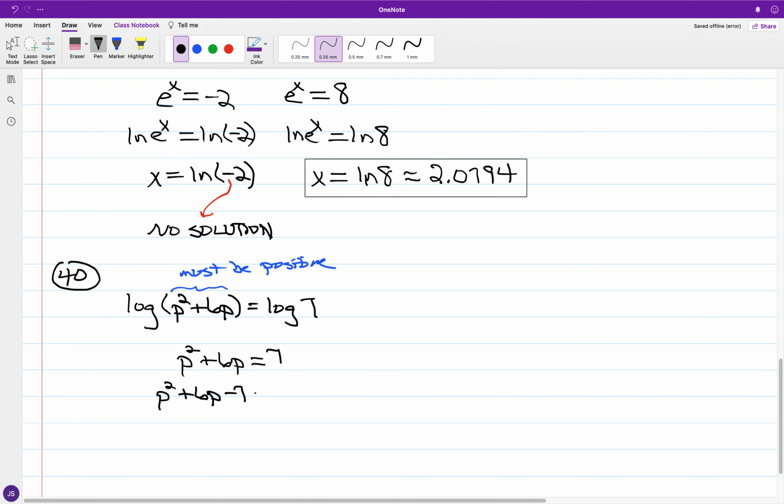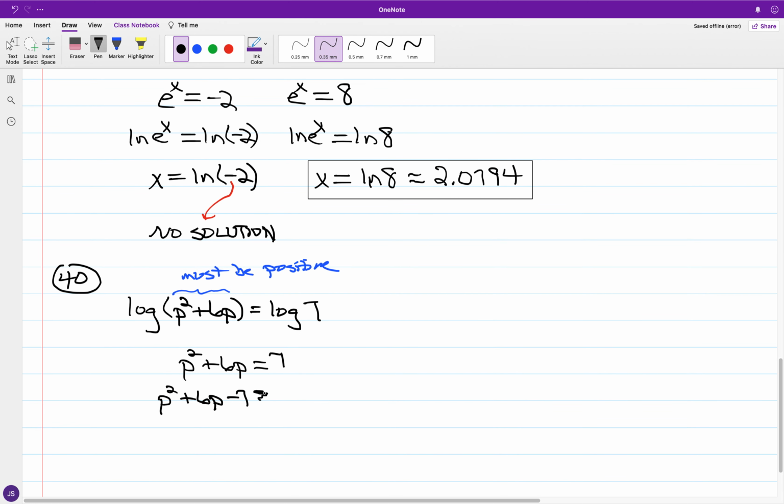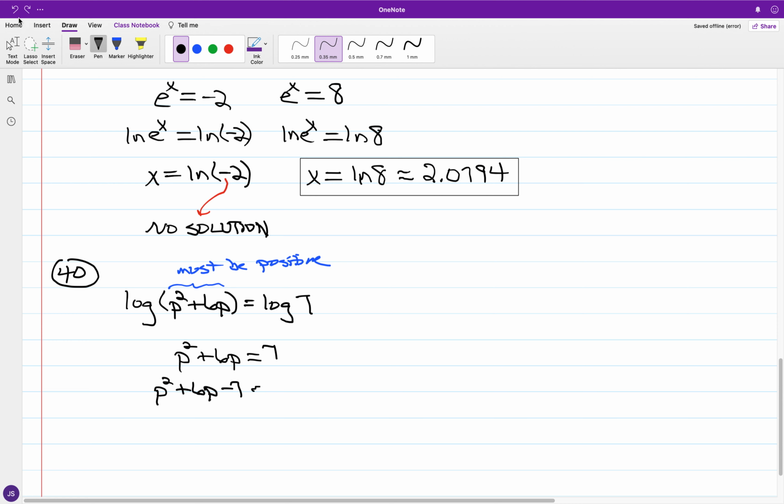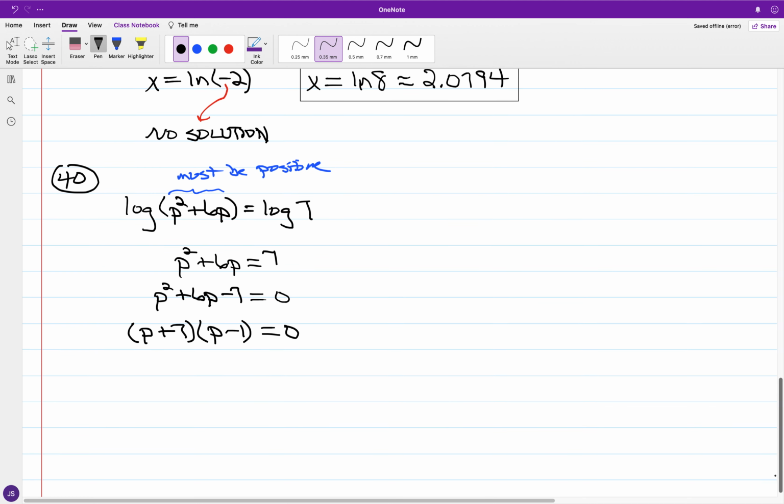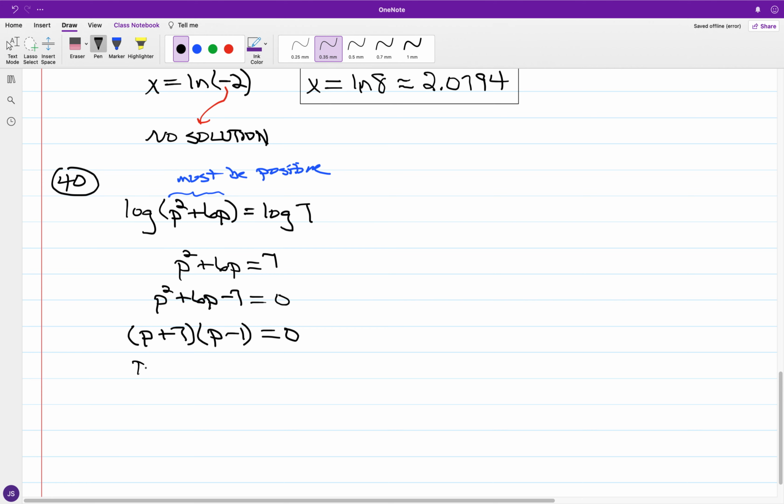So we have p squared plus 6p minus 7 is equal to 0. Looking at factoring, we have the quantity p plus 7 times p minus 1 is equal to 0, and then setting each of the factors to 0.